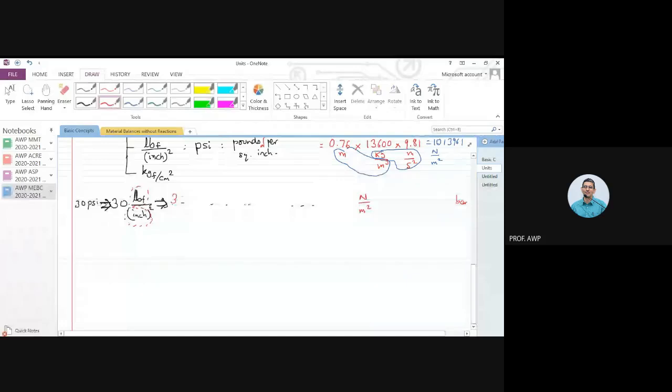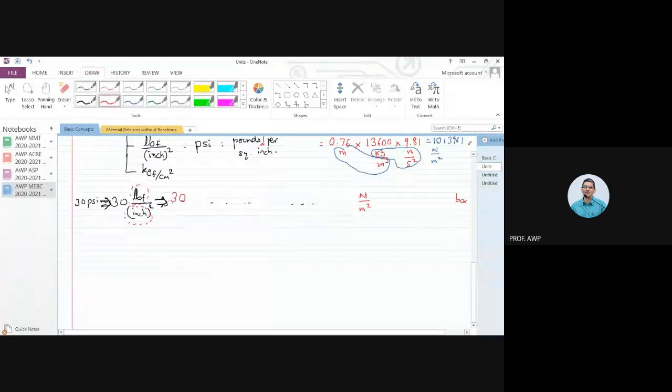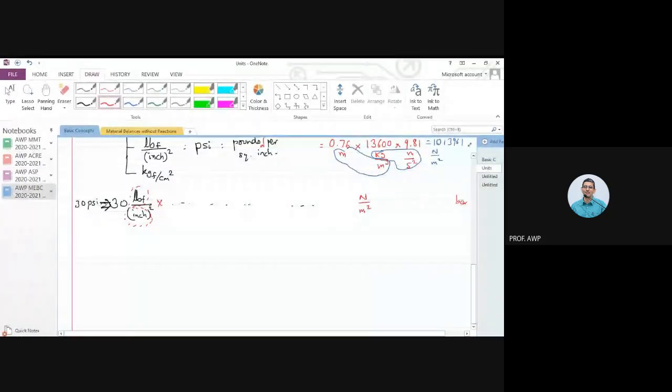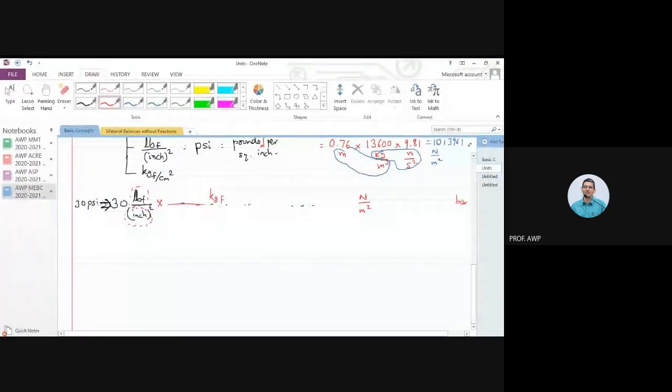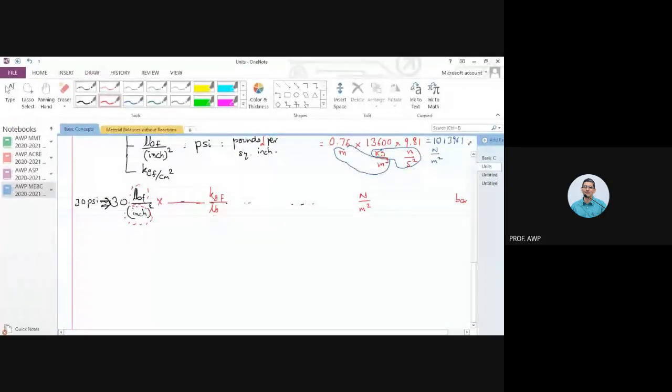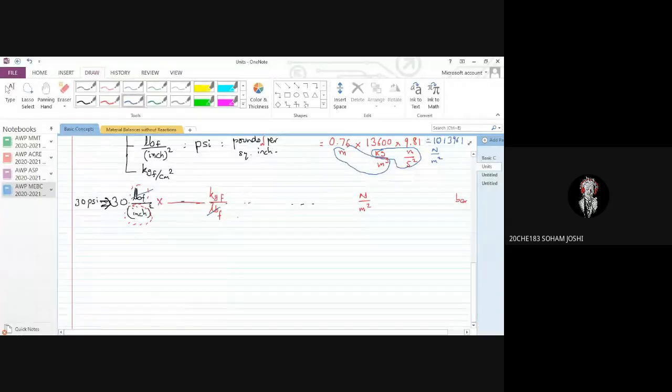So we have 30 pound force per inch square, right? Can we multiply something that will have units of kg force per pound force? Then this pound force would get cancelled. Yes, 0.45, the one we were doing above.